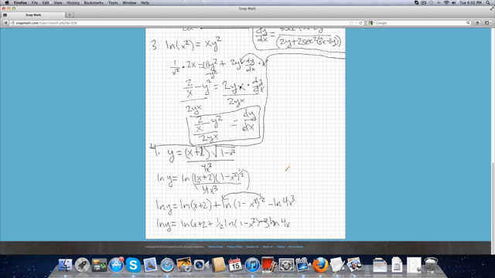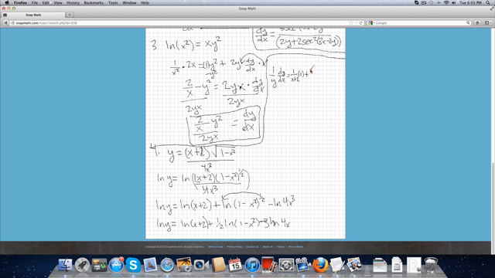Okay? So now we're going to do implicit differentiation. So this is going to be 1 over y dy dx on the left side. And here it's going to be 1 over x plus 2 times, we're going to use the chain rule, but the derivative of the inside function is just going to be 1. So I'm going to put a little parentheses for that chain rule.